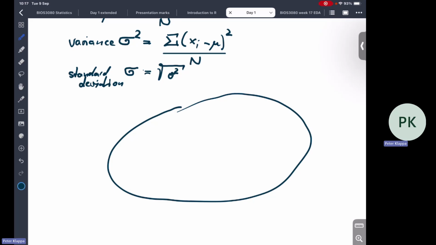And from this population, we simply take a sample. And we say, well, as long as the sample is representative of the big population, we can just as well use the smaller sample.